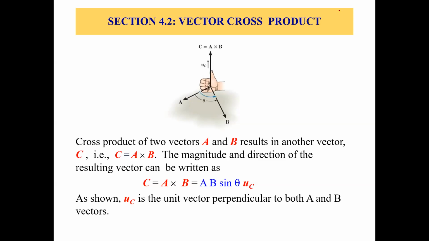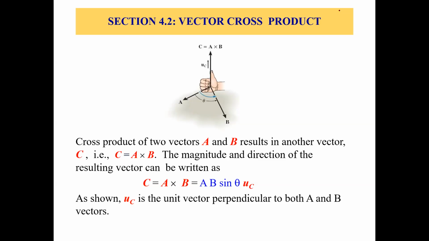Once you have 2 vectors and you take the cross product, you get another vector. And we are going to use this cross product for the vector formulation of moment.